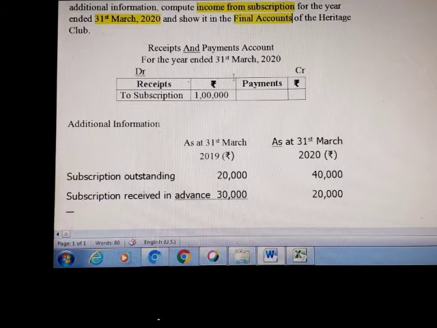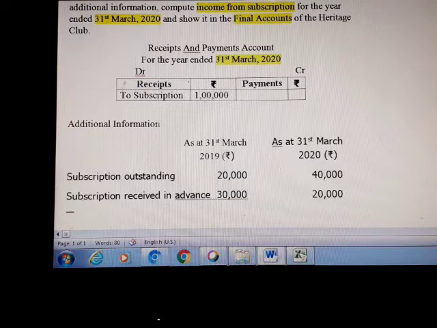They'll have only information. So whenever you are provided with a receipts and payment account or income and expenditure account, and it doesn't get tallied, then it is said to be an extract. The receipts and payment account for the year ended 31st of March 2020 is given in our question. The Heritage Club has received towards subscription 1 lakh rupees, and no information is available regarding payments. We have also been asked to prepare income from subscription.